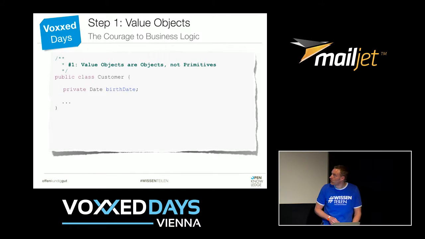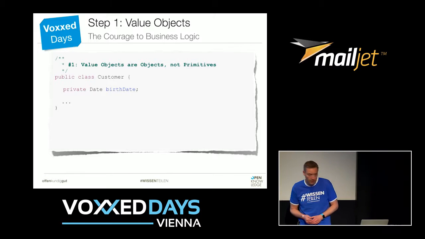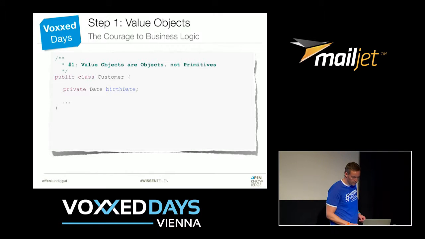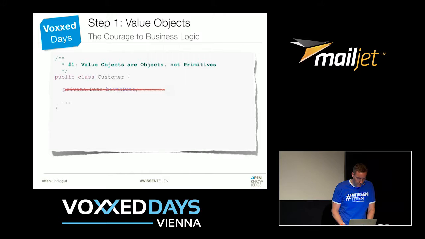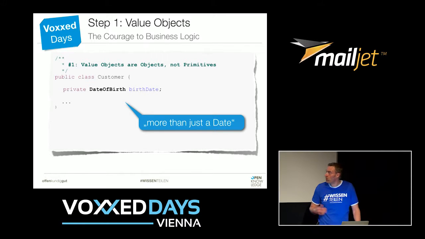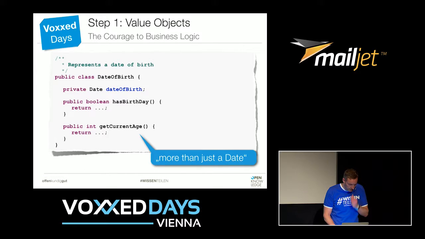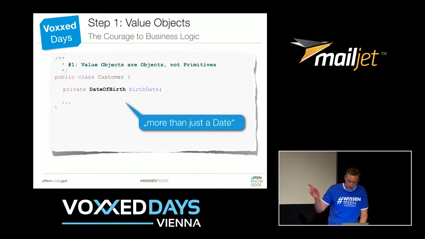So if we take a look again at this customer, we found something inside like a date of birth or birth date. And as I said before, normally it should be something like a date of birth, which is more than just a date. It's not a primitive, but an own object.